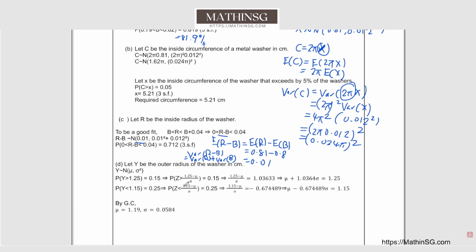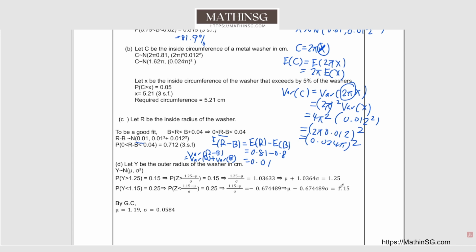So doing an inverse norm with a mean of 0 and a standard deviation of 1, we get negative 0.674489. Okay, another thing to note, this is the left tail, this is the right tail. So smaller than is the left, then greater than is the right when you're doing an inverse norm. So once you've done that, you found out that this is equals to negative 0.674489.